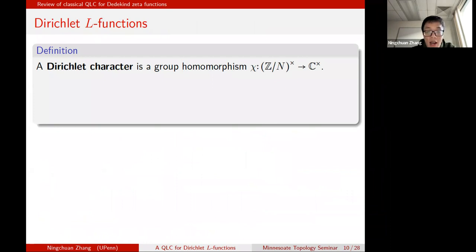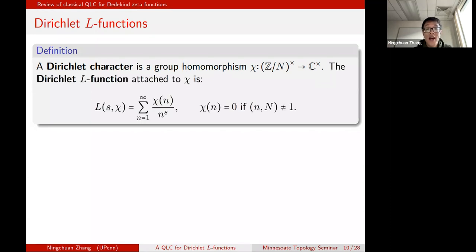So a Dirichlet character is a group homomorphism from the group of units mod N to the group of units in the complex numbers. This is just a working definition. If you read actual number theory textbooks, they'll tell you how to identify Dirichlet characters of different N, but here I'm just taking this as my working definition.